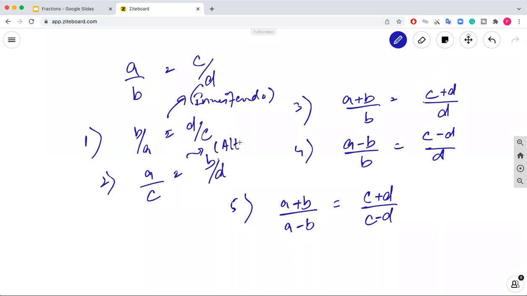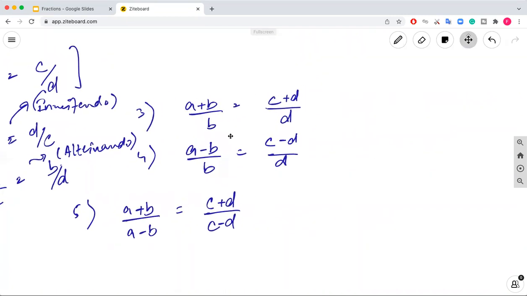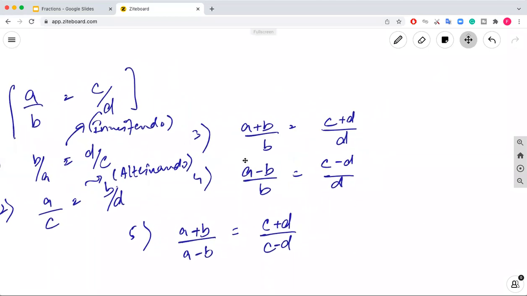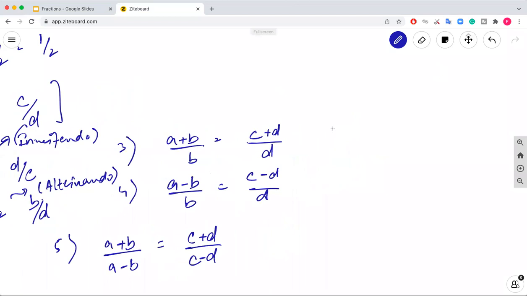I have a question. How are we writing A plus B upon B? This is just a modified form of that. For example, we have 2 by 3 is equal to 6 by 9, right? In this scenario, A is 2, B is 3, C is 6, and D is 9.